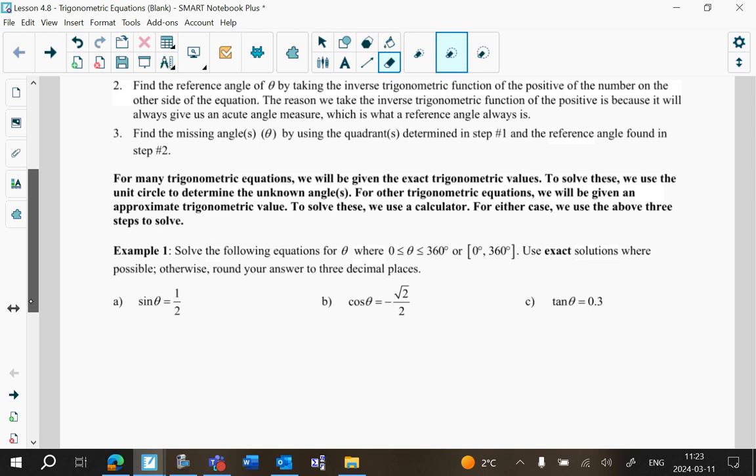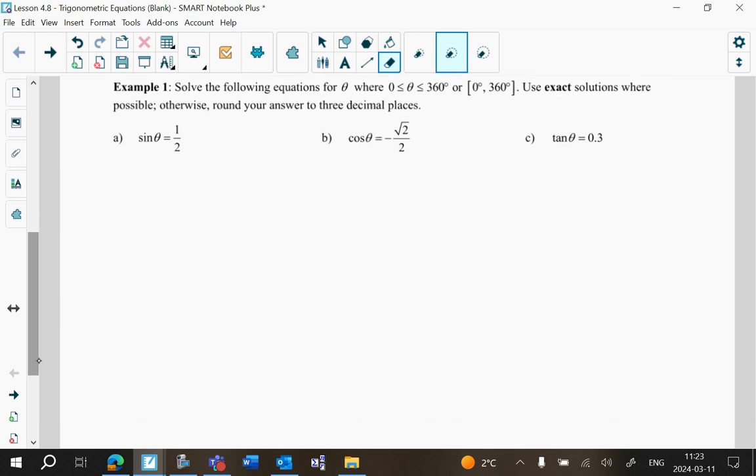So here, going all the way down here, sine theta, so this is a missing angle, is equal to 1/2.